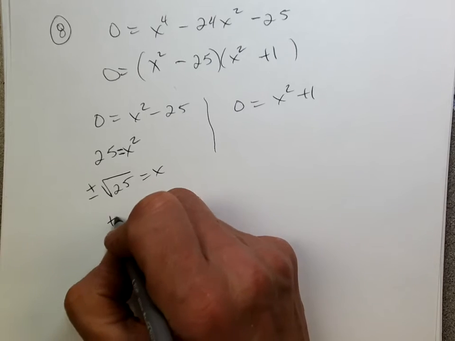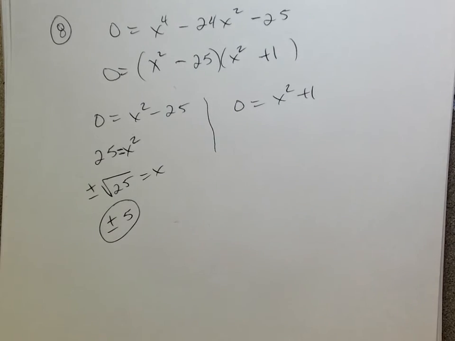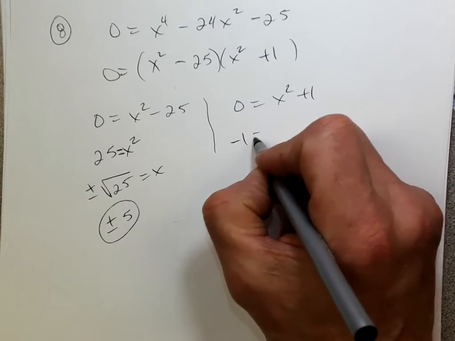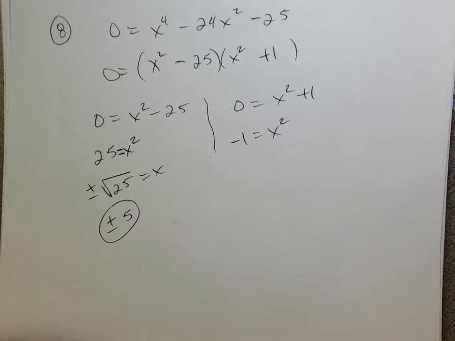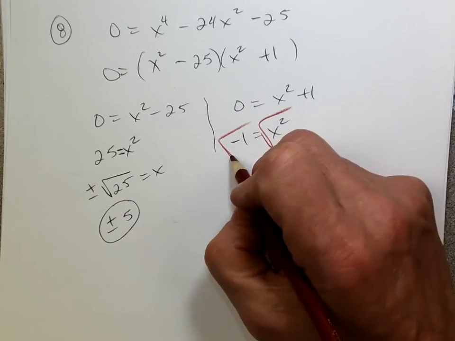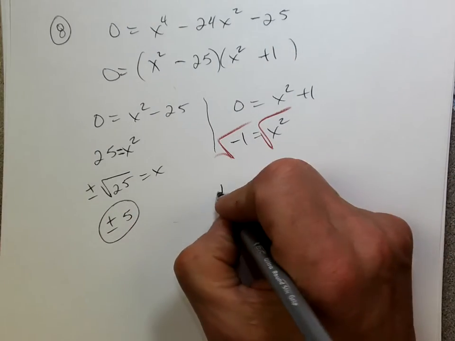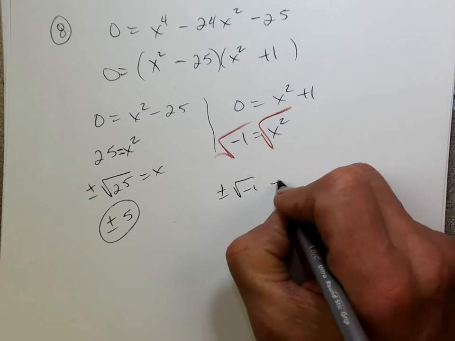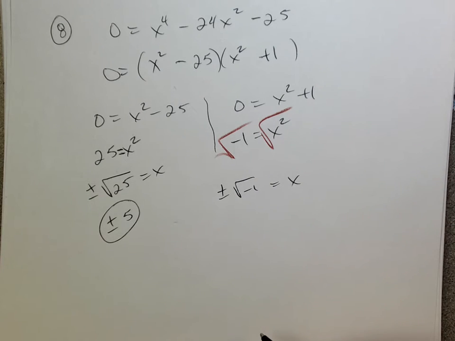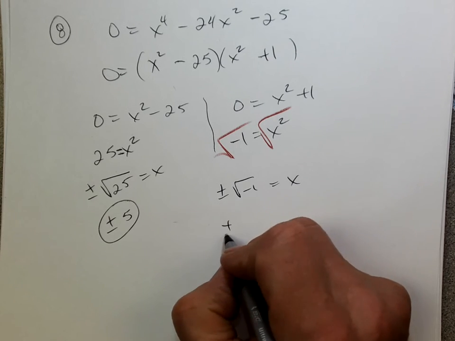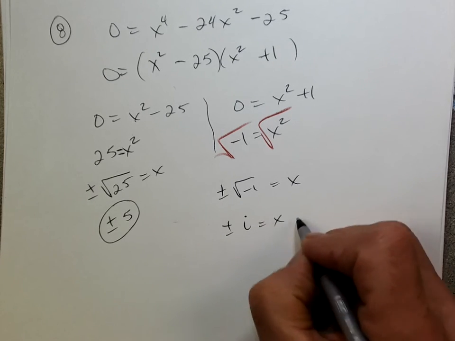That's just plus or minus 5. So 5 is an answer, negative 5 is an answer. Okay, the other, I'll go minus 1. Square root, right? So I get plus or minus the square root of negative 1. But that is... Say it louder. I. Plus or minus i. Thanks, Octavio. There we go.